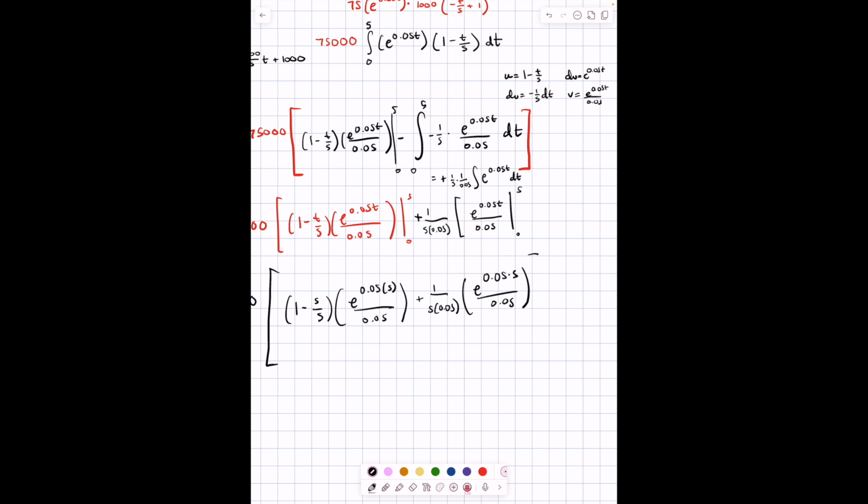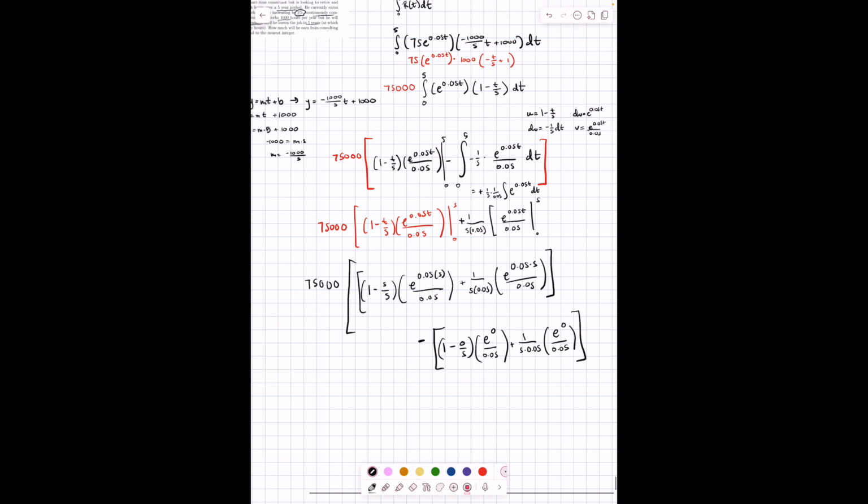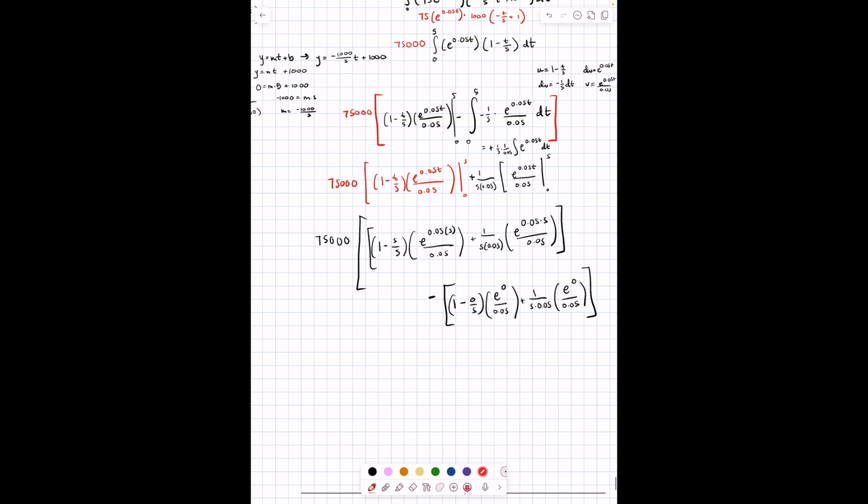And then this all needs to be subtracted by 1 minus 0 over 5, which is just 0, times e to the power of 0 over 0.05, plus 1 over 5 times 0.05 times e to the 0 over 0.05. So this is after we plug that in. We need to make sure we include the 75,000 as well.